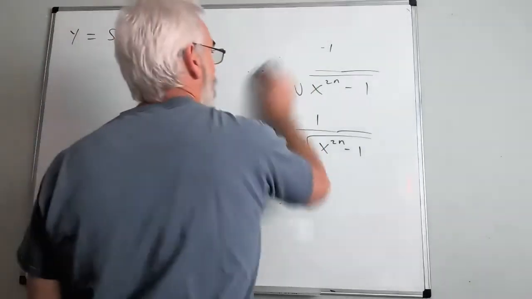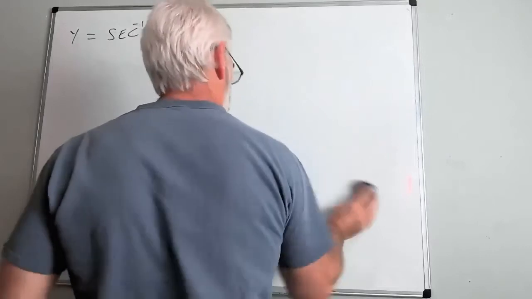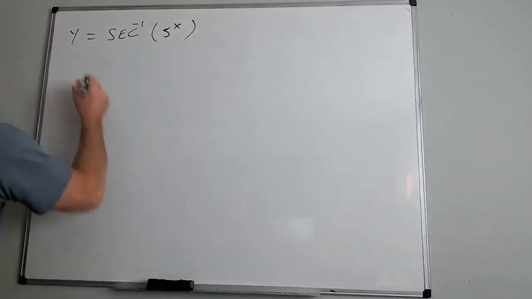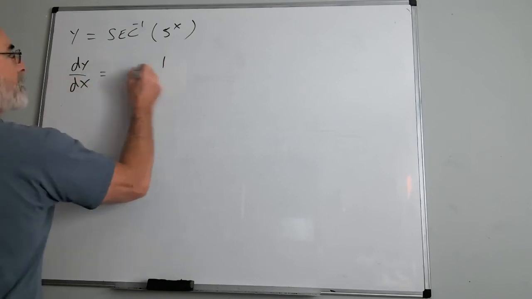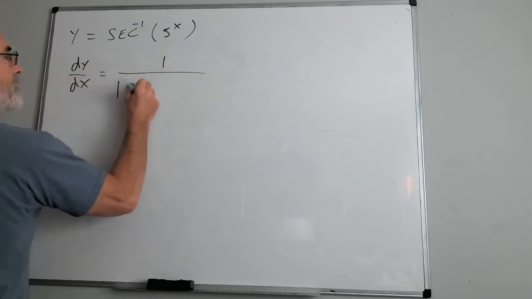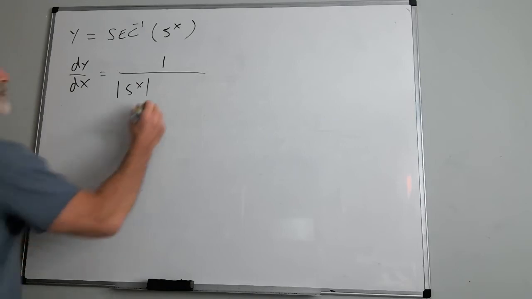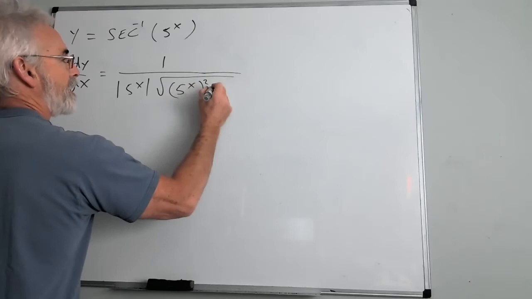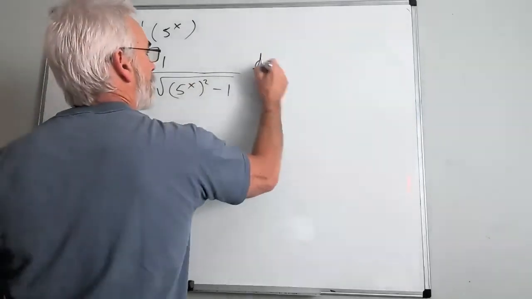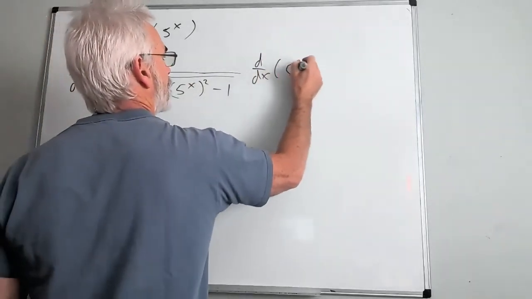Yeah, we know what to do. So dy dx. All right, so 1 over absolute value of 5 to the x, times the square root of 5 to the x squared minus 1, times d dx of 5 to the x.